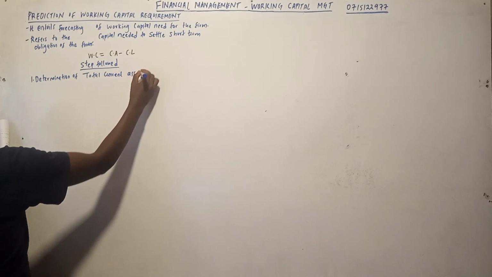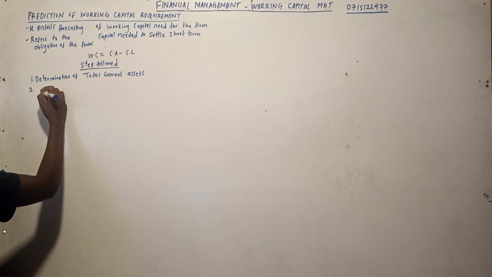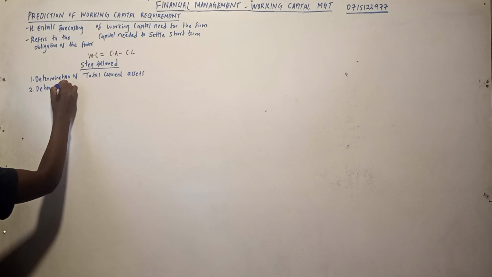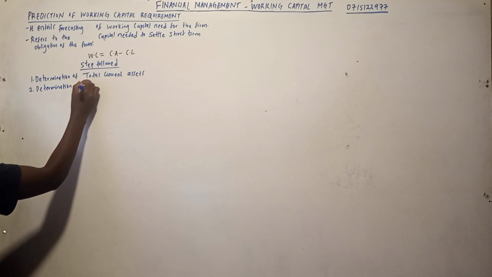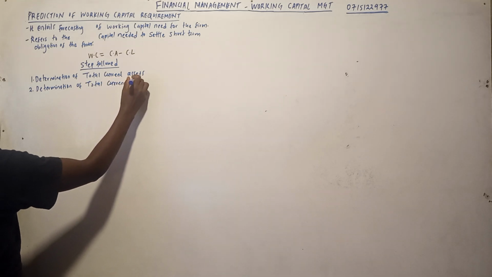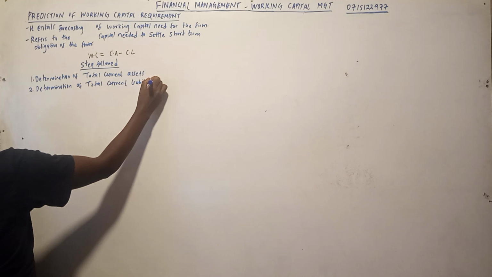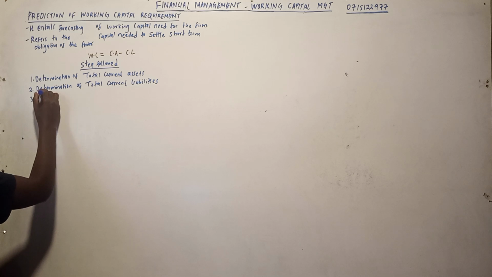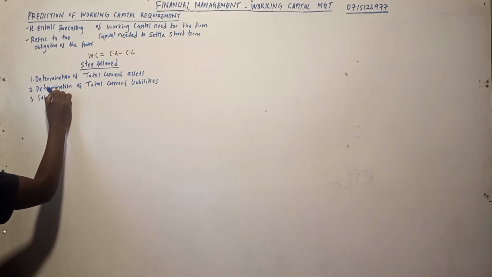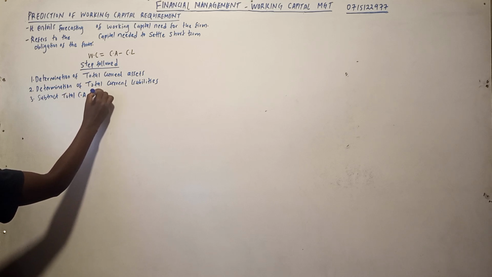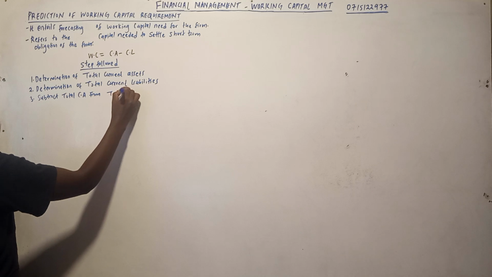Number 2, determination of total current liabilities. Number 3, subtract total current liabilities from total current assets.